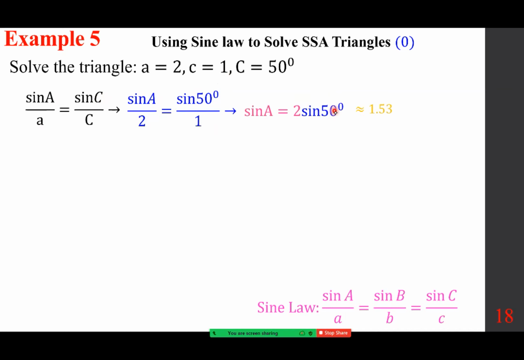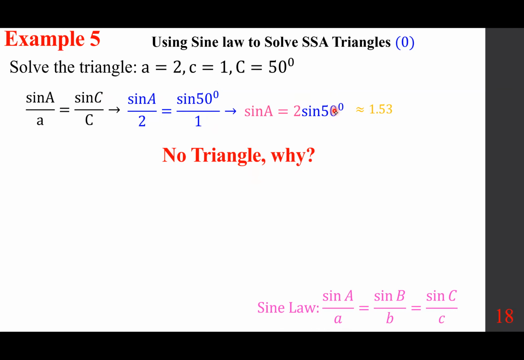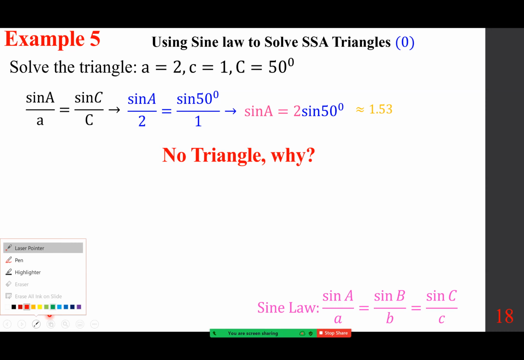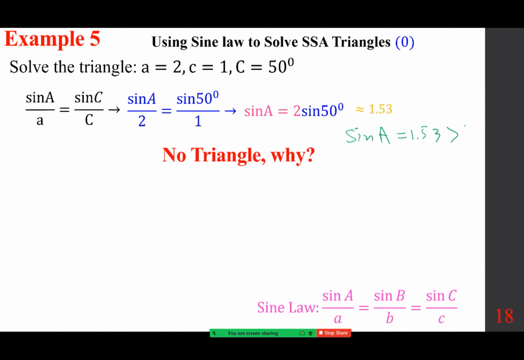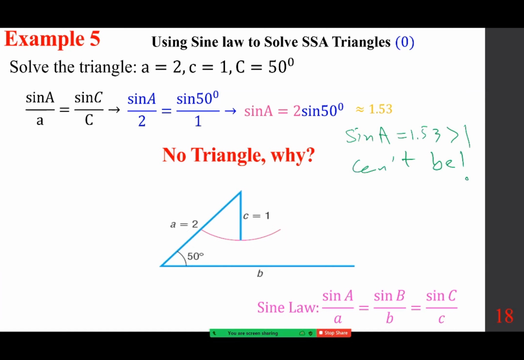And we don't have any triangle like that. Why is that? Because sine is larger than 1. And it can't happen. Therefore, there is no answer. So this is how it's going to look like. The concept is simple.